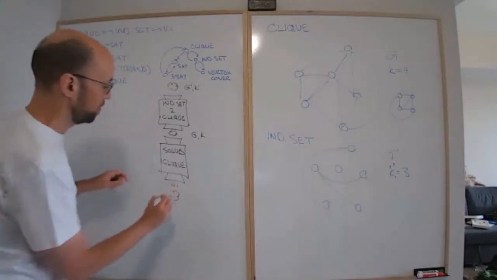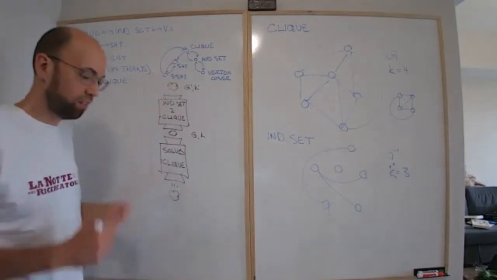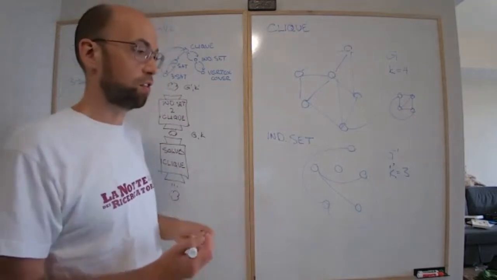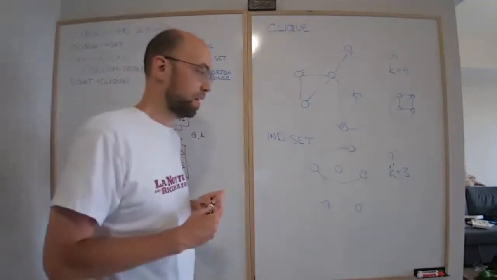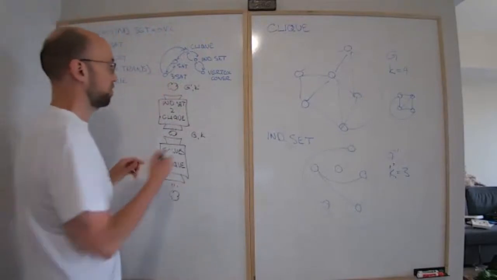So what do we want? We want that this machine takes the instance of independent set and outputs an instance of clique, such that the instance of clique is a yes if and only if the instance of independent set was yes.